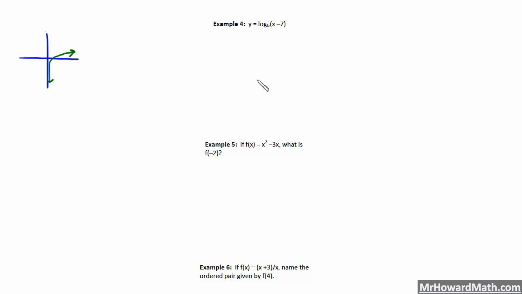Okay, so let's take a look at this. If we want to find out what the domain is, that means, off to the side here, that x minus 7 must be greater than 0. It can't be equal to 0, and it can't be negative. So we add 7, and we get x is greater than 7. So that means that the domain is good for all x values greater than 7.